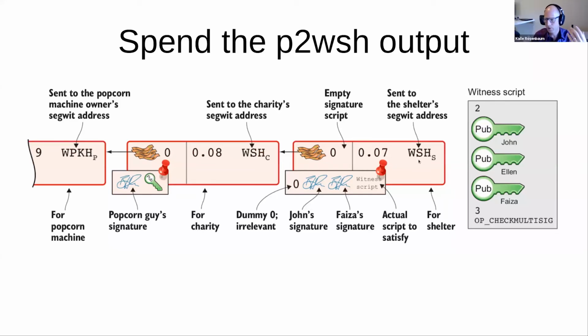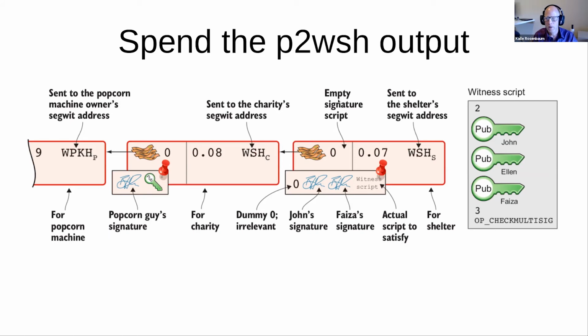They ask the store for their address, and the store gives them this address. So they create a new transaction with this output here that pays for the shelter equipment. But the important part here is what's on the input side of this transaction.